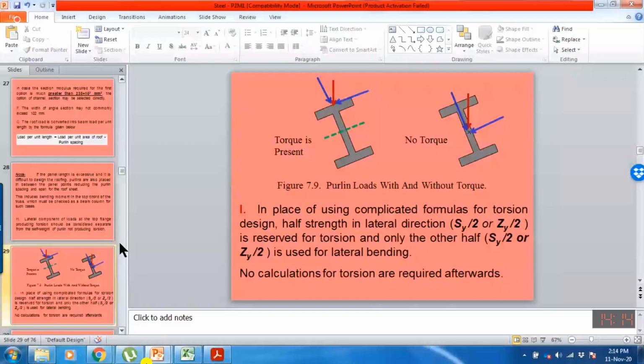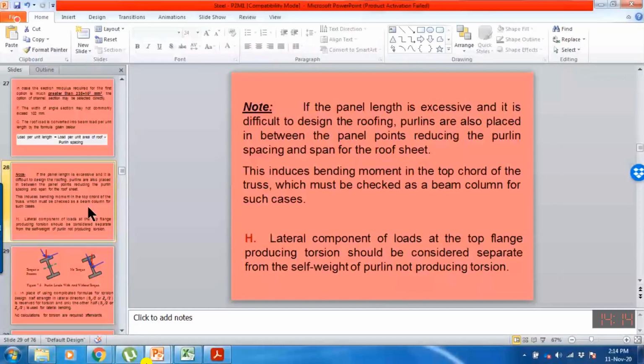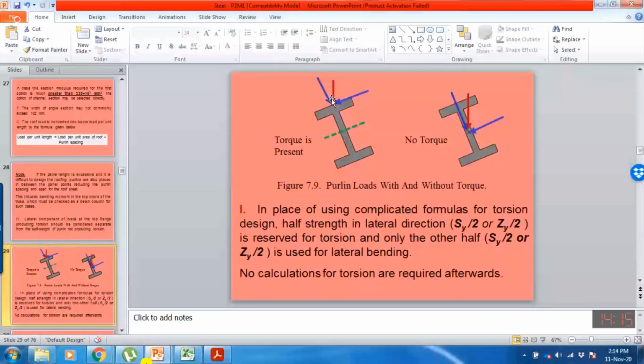So what it says is that the lateral component of load at the top flange, which produces torsion, should be considered separately from the self weight of the purlin, which does not produce torsion. The load acting on the top flange is computed separately and the self weight separately, because self weight is not producing torsion, but the snow load, dead load or live load is producing the torsion.